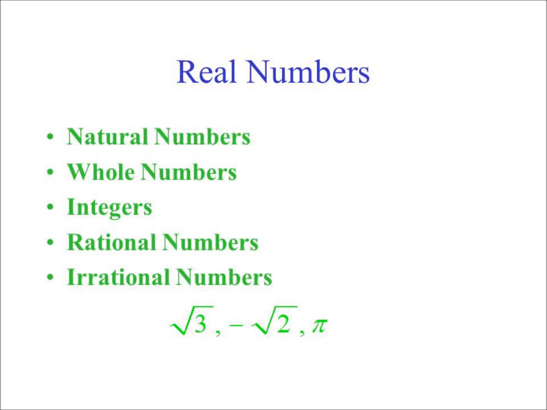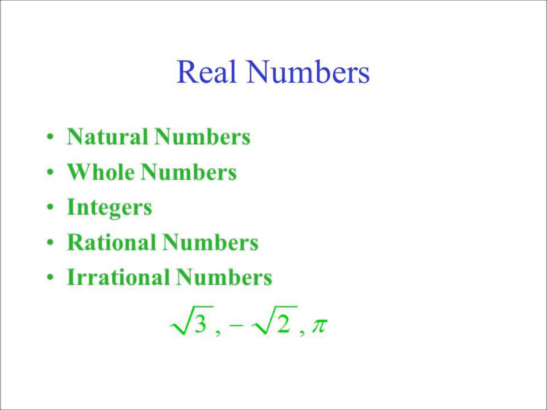We would also have something like square root of 6. Square root of 6, of course, 6 is not prime, but 6 is relatively prime in the sense that we can't simplify it any further. We also have all negatives, so something like negative square root of 2, and of course the most famous irrational number of all, pi.